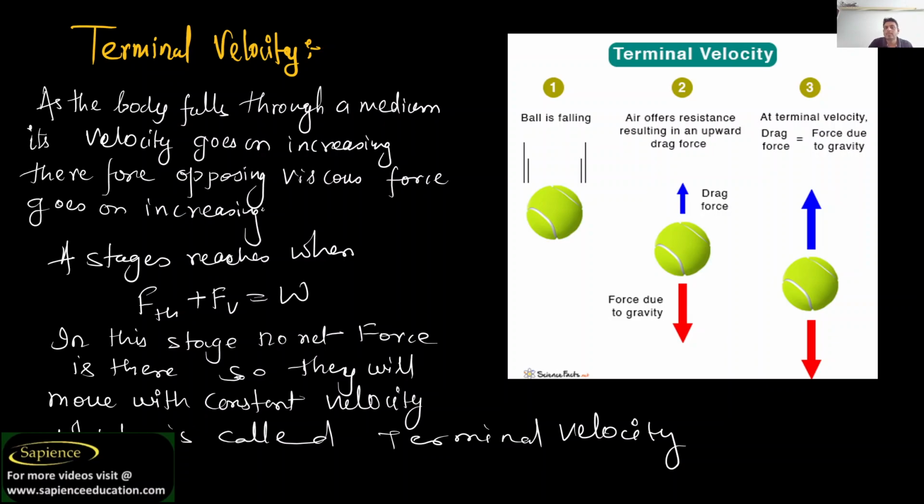Now one very important phenomenon is called terminal velocity. So what is terminal velocity? See here, when an object is moving down, its velocity increases due to acceleration, either gravitational acceleration or any other type, but basically we will talk about gravitational acceleration only.